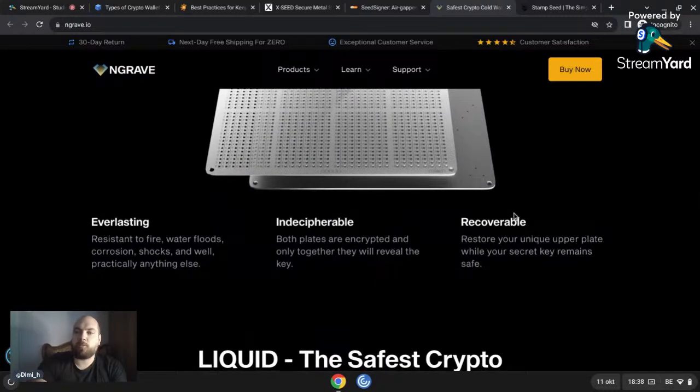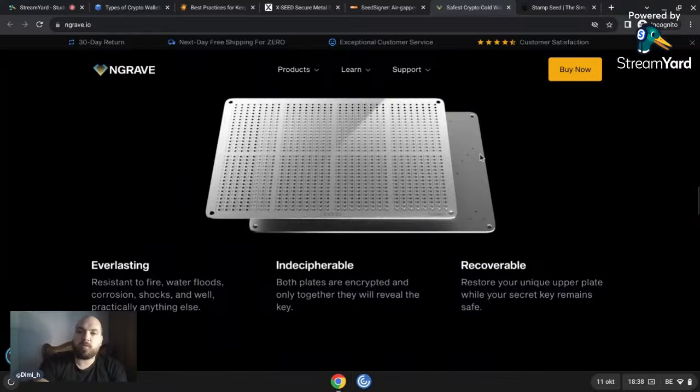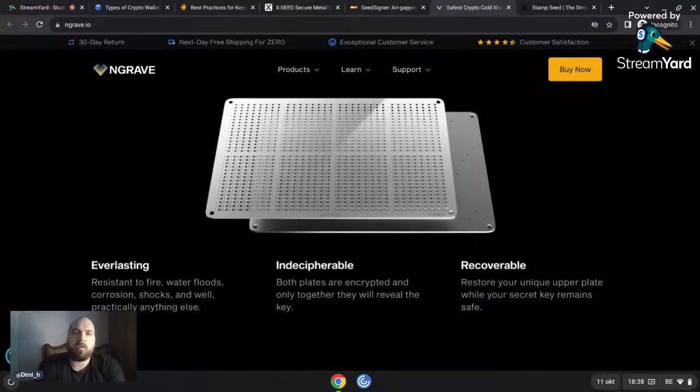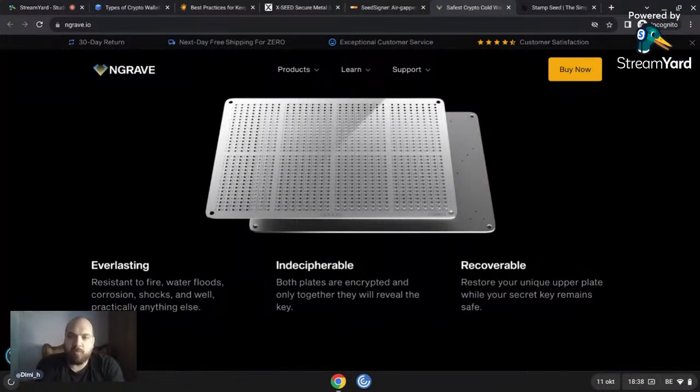So yeah, recoverable: restore your unique upper plate while your secret key remains safe. As long as you keep this plaque, you can lose this one. This is the additional layer which allows you to read the words engraved on the metallic plate underneath, meaning you can actually lose the upper one, but as long as you safeguard this one, all is fine.